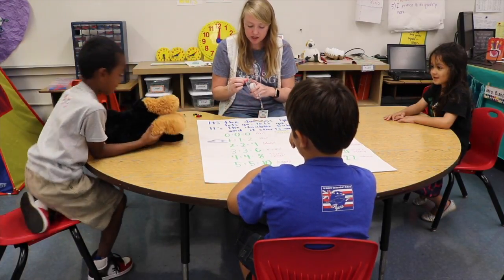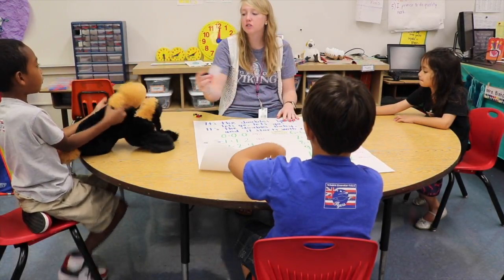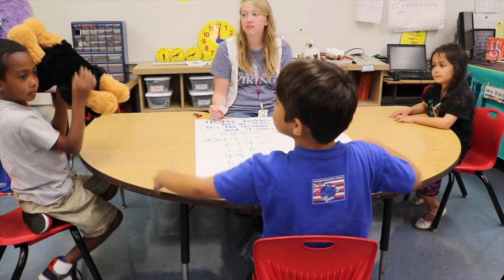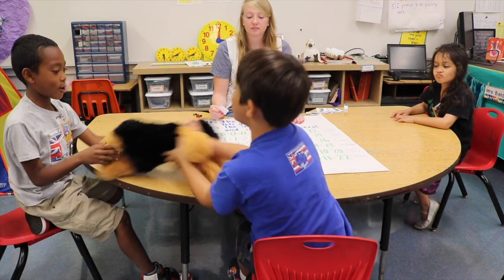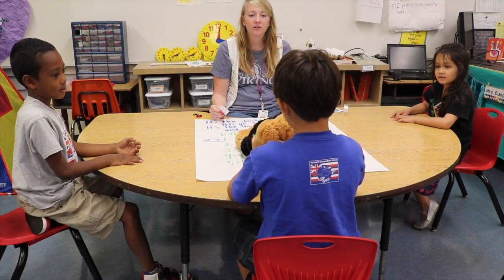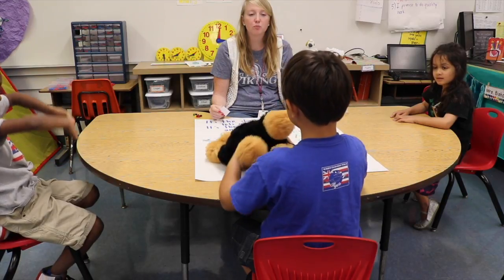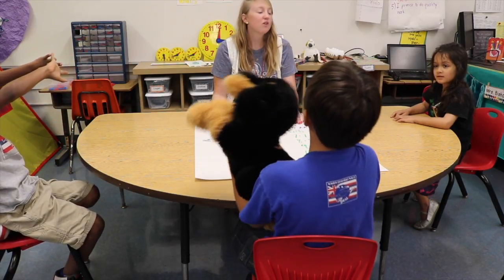Does she have 4 in all? Yep. Joshua, count to make sure Pepper has 4 legs in all. Does she have 2 in the front? Yeah. 2 in the back? 2 plus 2 equals 4.